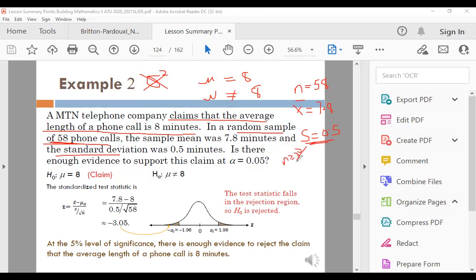If it is large, then you still use the Z statistic and replace sigma with S. But if it is small, then use the T statistic. That is what we said. So clearly here our n was 58, which exceeds 30. So we are going to make use of the Z statistic here. You can see the Z statistic is being employed in the computation over here.